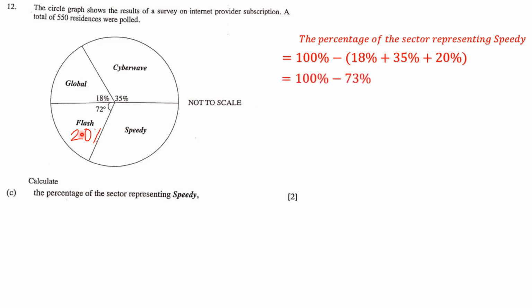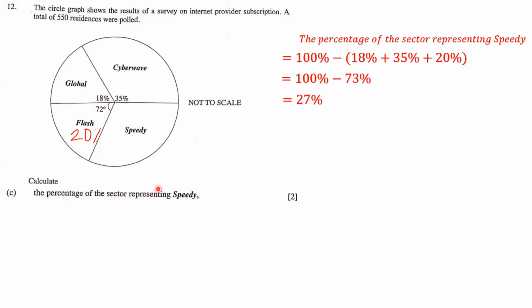So we have 100 minus 73%, and that's going to be equal to 27%. So the percentage of the sector representing Speedy is 27%.